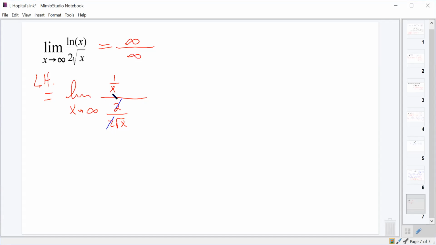Can I simplify 1 over x over 1 over root x? That'd be root x over x, right? Which would be the limit as x approaches infinity of x to the 1/2 over x to the first. That would just be 1 over x to the 1/2.